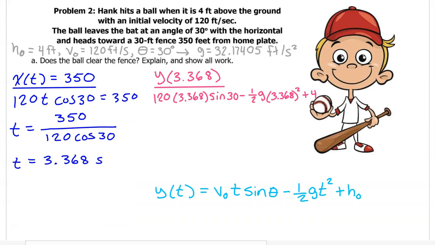So I'm going to type in this expression, but I will put in t instead of 3.368, and I will just use the g.